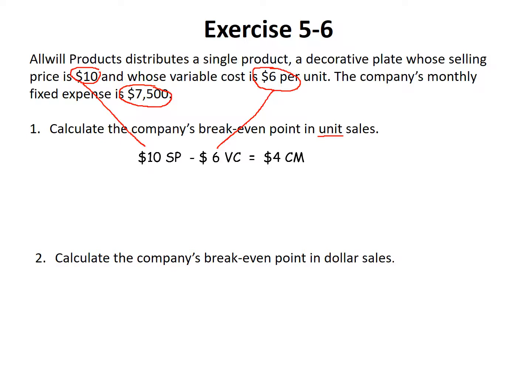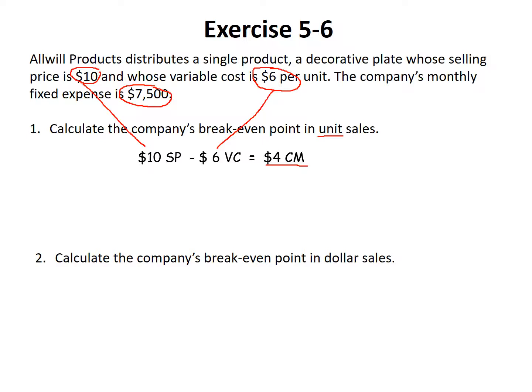That means we end up with a contribution margin per unit of $4. This is the amount of our sales dollar left over after we paid to produce and sell the unit. It's left over to, number one, cover our fixed costs, and number two, after we've covered our fixed cost, earn a profit.